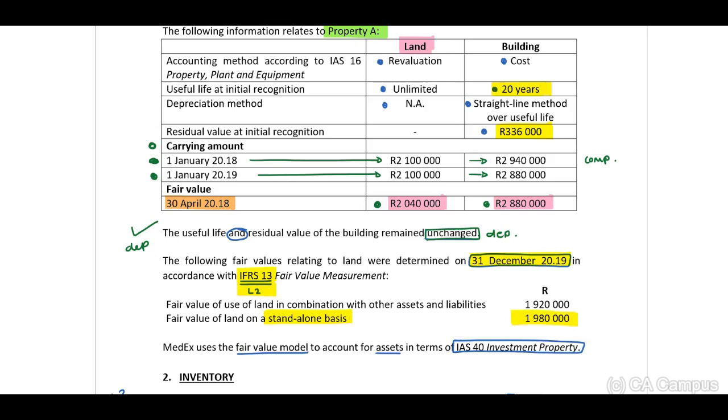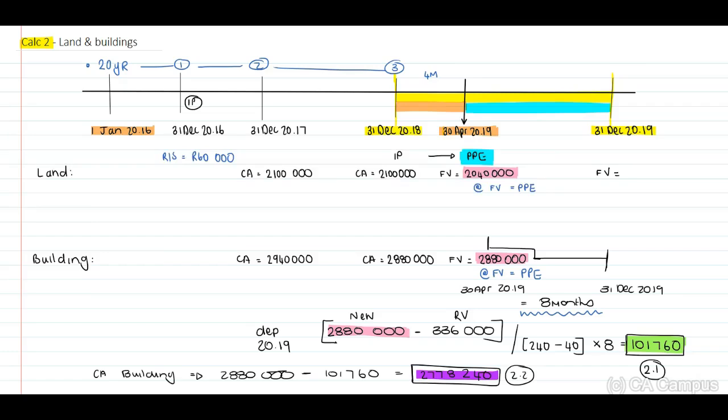Okay. Therefore, when you refer to our calculation, at year end, the value of our land is 198,000.